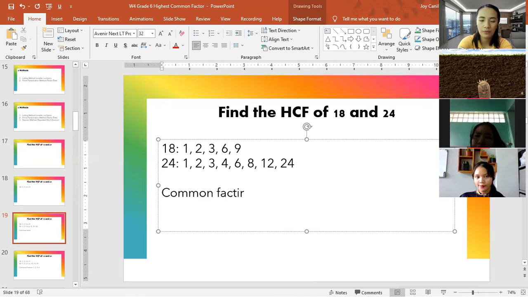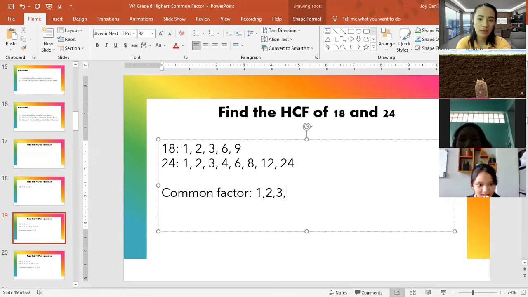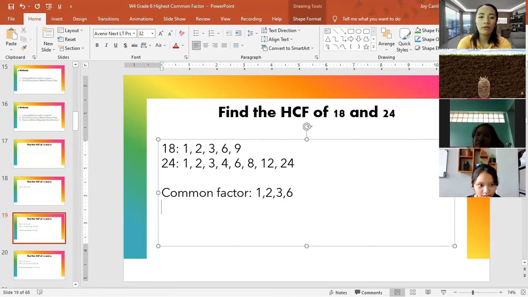So can you give me the common factors of 18 and 24? We have 1, 2, 3, and 6. Do we have more? No more, right? Now, give me the HCF, or the highest common factor, of 18 and 24. 6.